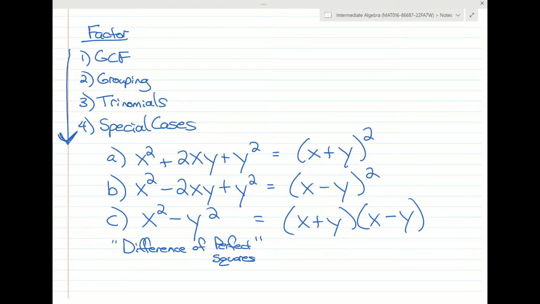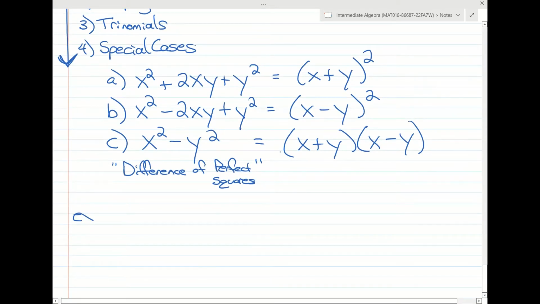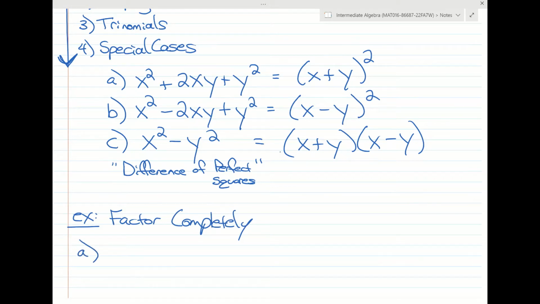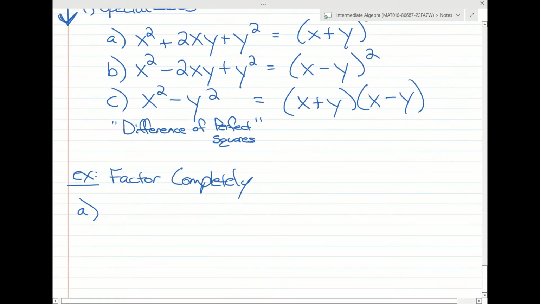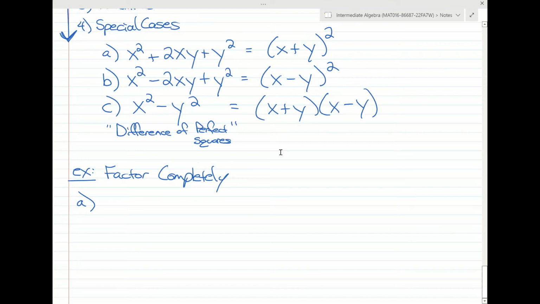Let's take a look at some examples. Just like before, the directions are just going to ask you to factor completely. Let's start with x squared plus 16x plus 64.